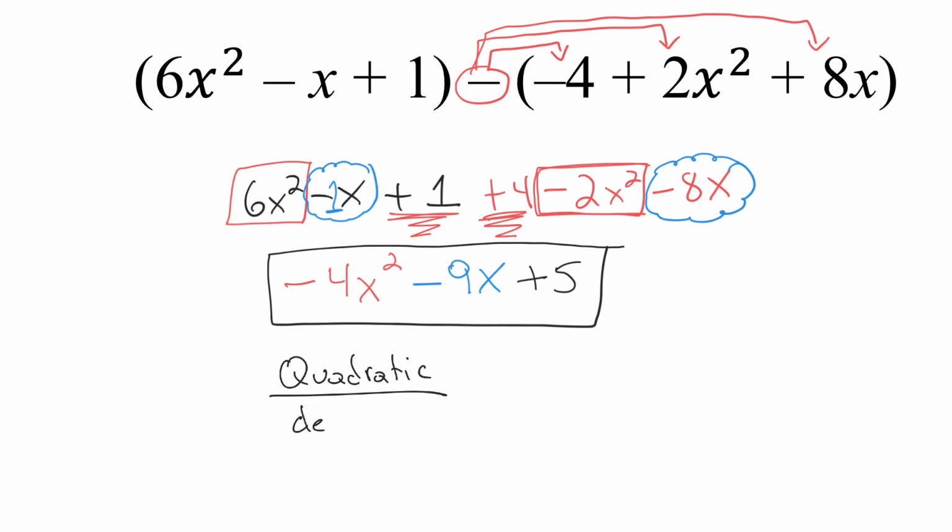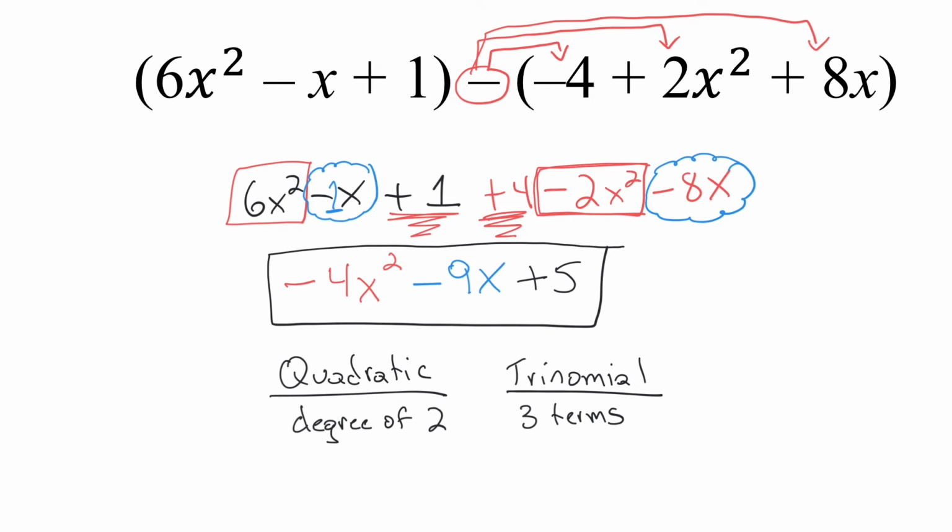I'm going to write that down here so you know, degree of 2. And the number of terms is 1, 2, 3 terms. When you have a polynomial with 3 terms, it is a trinomial. So you can say this is a quadratic trinomial.